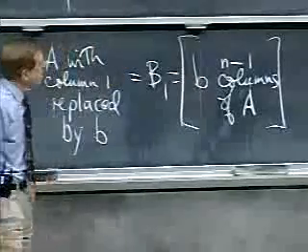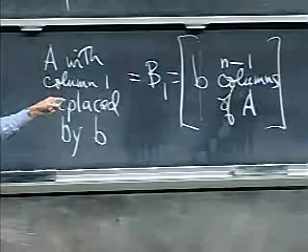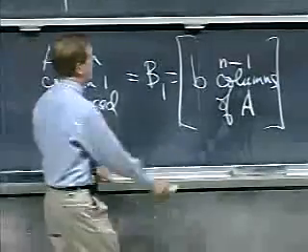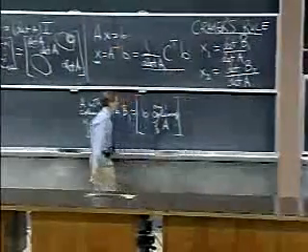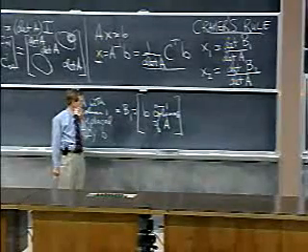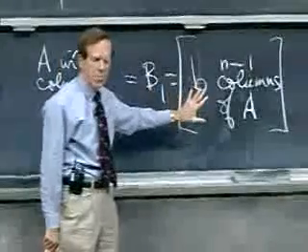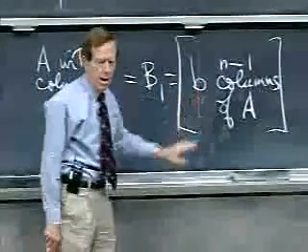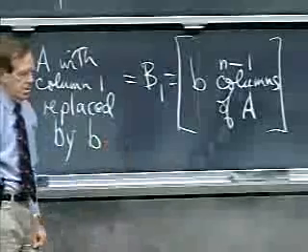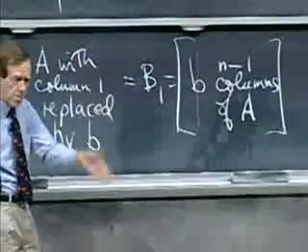Because somehow when I take the determinant of this guy, it's giving me this matrix multiplication. Well, how could that be? Well, so what's the determinant formula I'll use here? I'll use cofactors, of course. And I might as well use cofactors down column 1.